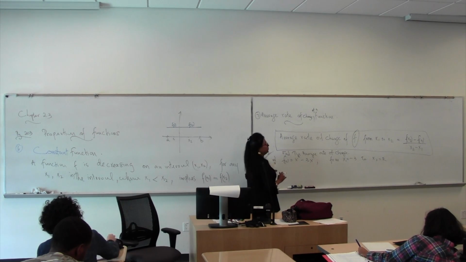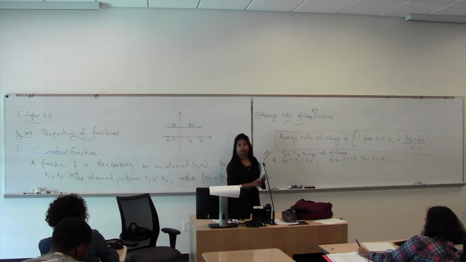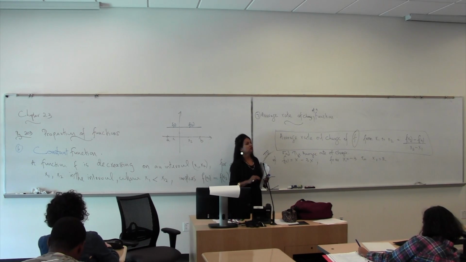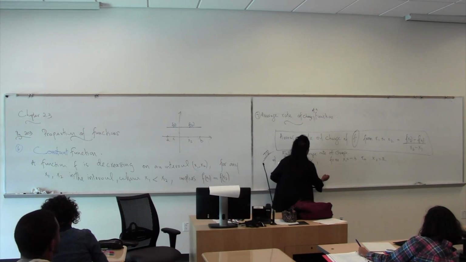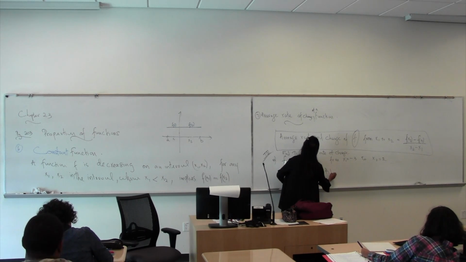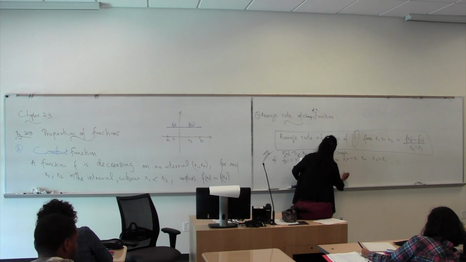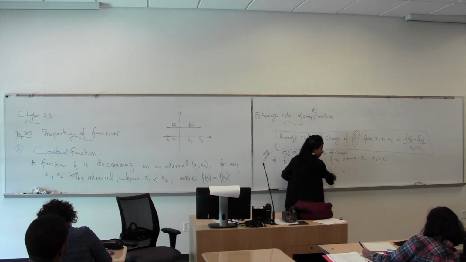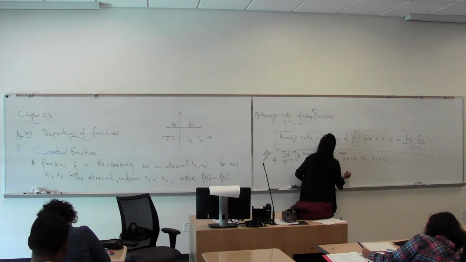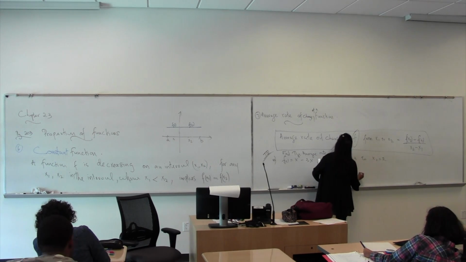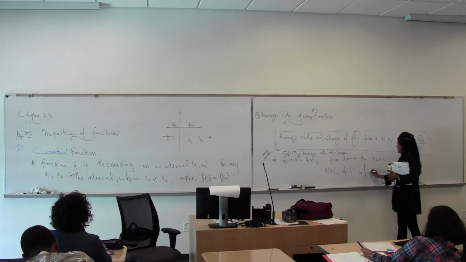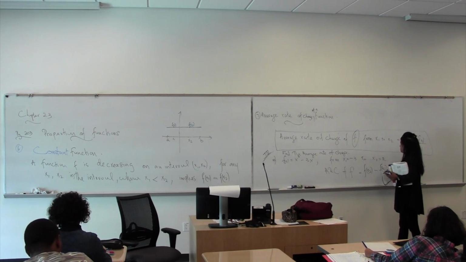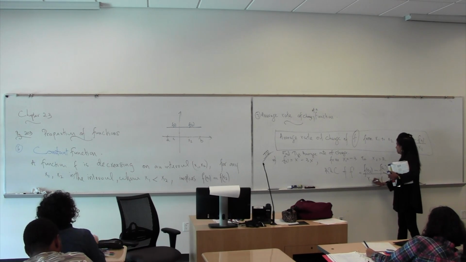Okay, so what do you need to do first? Write the formula. Right? So what's the formula here? Average rate of change of f, this is function f, is equal to f of x2 minus f of x1 over x2 minus x1.